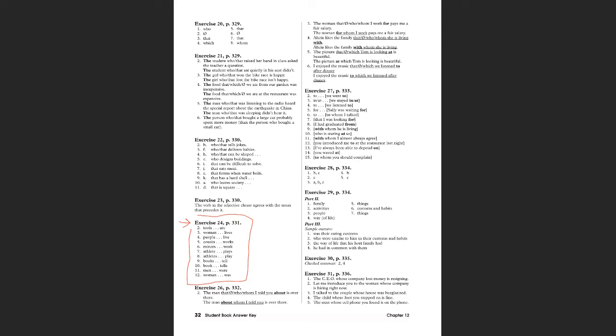Yes, sir. Okay, so now I want you to flip back to page 324. I'm going to share my screen with you, and we're going to look at adjective clauses that have object relative pronouns.